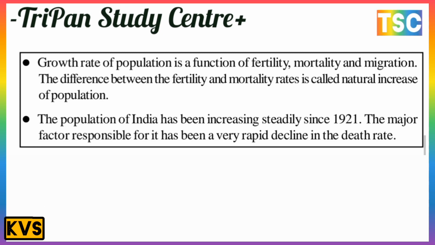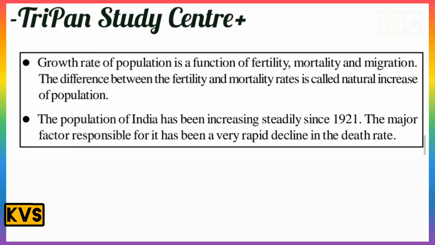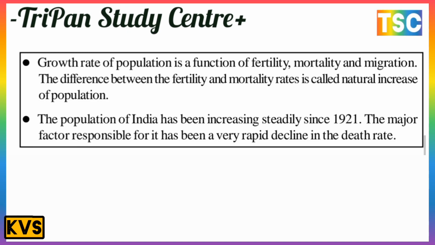Next, the most important point in this box, note it in your notebook. The growth rate of population is a function of fertility, mortality and migration. The difference between fertility and mortality rate is called natural increase of population.